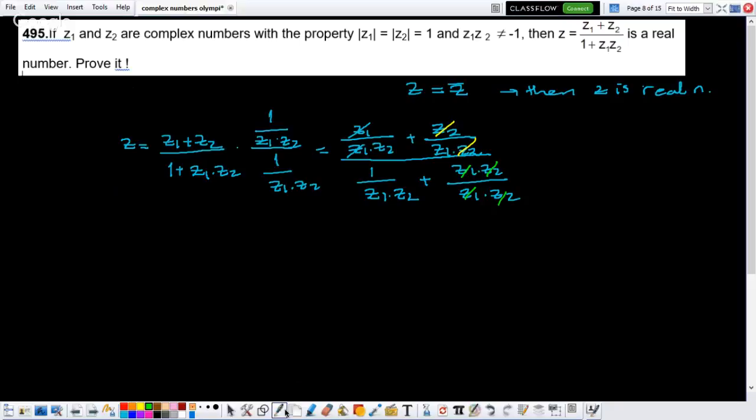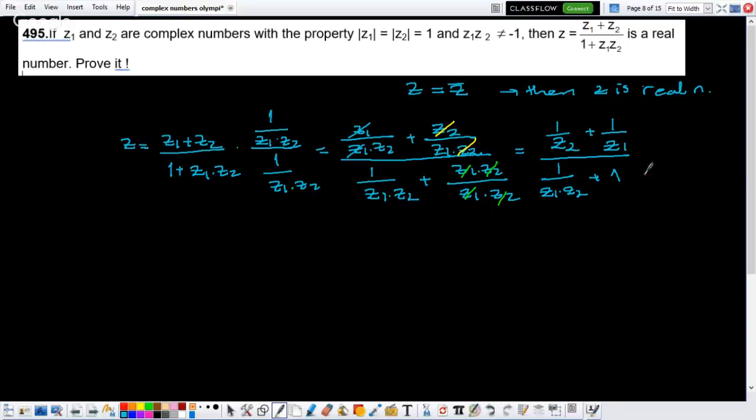We are going to get these answers now. Here it's going to be equal to 1 over Z2 plus 1 over Z1, over 1 over Z1 times Z2 plus 1.